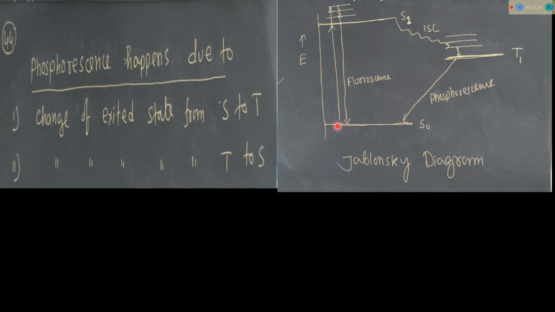Or fluorescence: when excitation occurs from the ground state to any electronic state, singlet 1 or singlet 2, which is of the same spin multiplicity, and from singlet S1 or S2 it returns back to S0, singlet to singlet, then we get the fluorescence phenomenon. For phosphorescence: excitation is singlet to singlet, then the excited state transforms from singlet to triplet, then deactivation is triplet to singlet, and we get phosphorescence.